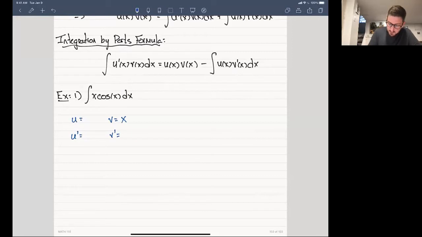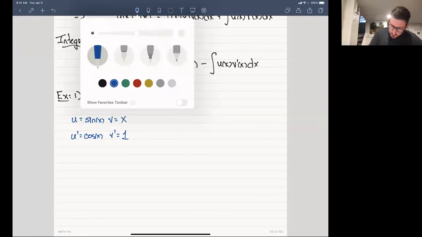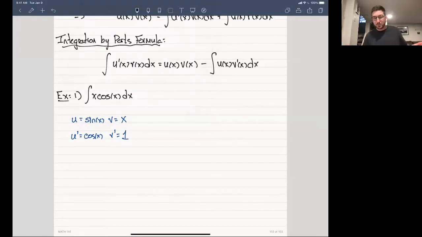And that means that if on this side I have v times u prime, I get cos of x here. Okay, now if I start filling in the gaps here, I get v prime is equal to 1. So life is good. And similarly, I can get u by just finding the antiderivative of u prime, which gives me sine of x.